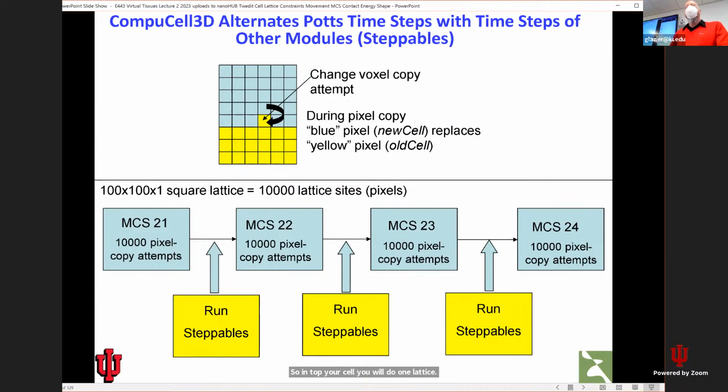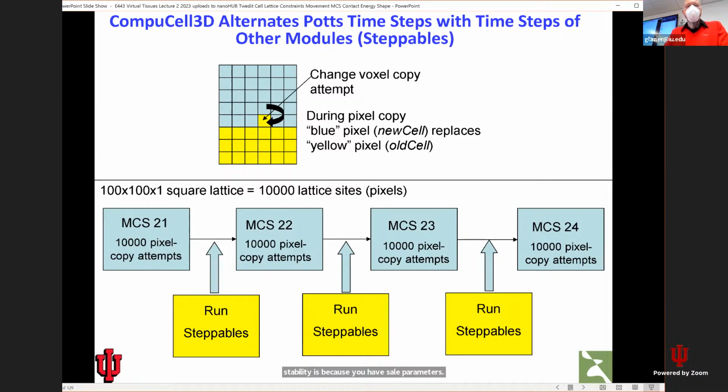Then you will update all the chemical fields, for example. And then you'll move the cells around. Then you'll update the chemical fields. Then you'll update the network state inside of the cells. And so you do time slicing where you alternate between different solvers. That can cause numerical instabilities because you have stale parameters, if you're interested in that kind of thing.